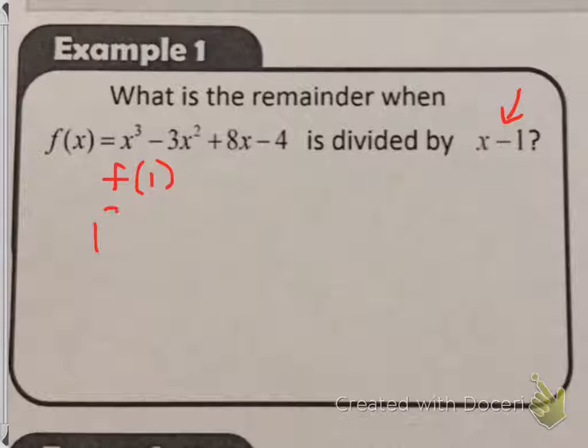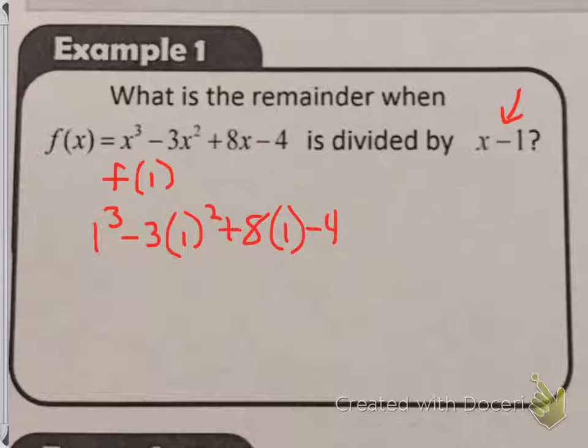So I'm going to do 1 cubed minus 3 times 1 squared plus 8 times 1 minus 4, and simplify that. 1 cubed is 1. 1 squared is 1, times negative 3 is still negative 3. 8 times 1 is still 8. And minus 4. Add those together. These two together would be a negative 2. Negative 2 plus 8 would be 6. And 6 minus 4 would be 2.